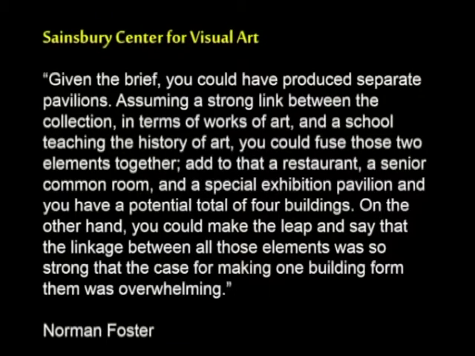On the other hand, you could make the leap and say that the linkage between all those elements was so strong that the case for making one building form was overwhelming. This is what Norman Foster says. Even though he had the potential of building 4 separate pavilions, produce a series of structures on the site, he denied that instinct and he developed one big building that has all the functions.